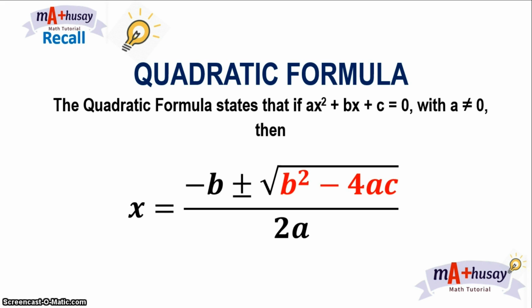We can see that the radicand b squared minus 4ac determines the nature of these roots. So let's analyze the different possible values of the discriminant.